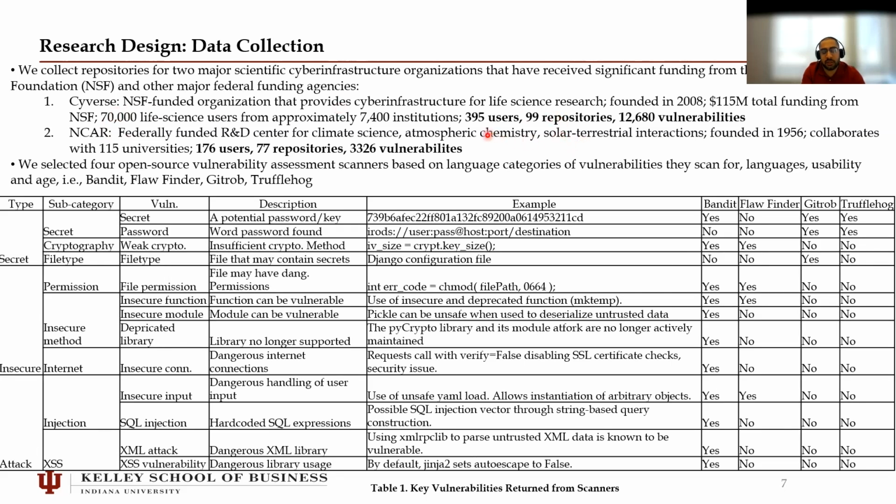There were 395 users that had contributed to it, and our scanning revealed 12,680 vulnerabilities. As well as NCAR, we collected 77 repositories spanning 176 contributors, and our scanners returned 3,326 vulnerabilities. Table 1 summarizes the key vulnerabilities that are returned from the scanners.